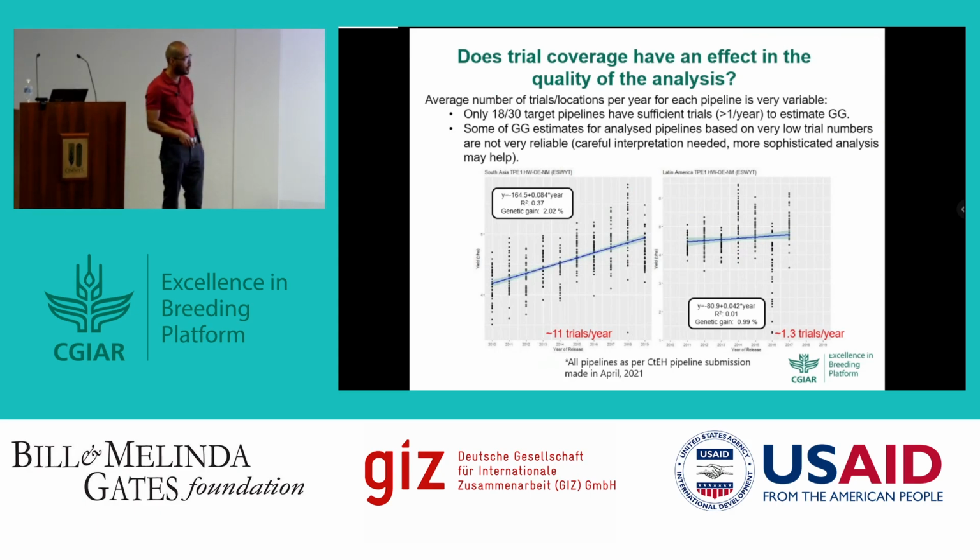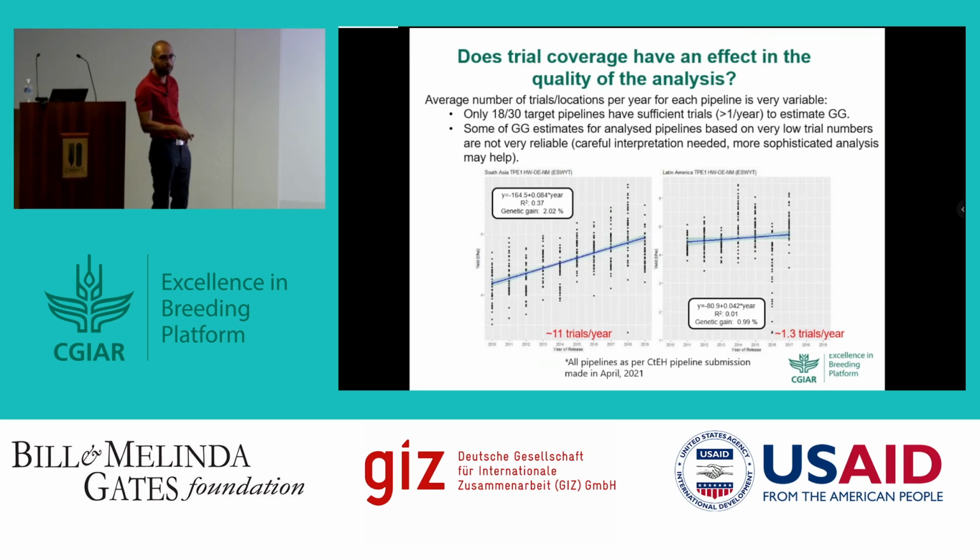But when you are using data sets that have very few trials per year, first, you can see very different levels of variance, low variance here, lots of variance here, because the year effect is still there. And then suddenly it's going down, going up, going down, going up. All these zigzag patterns.